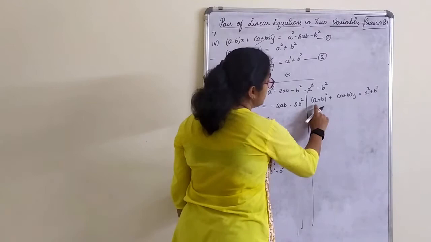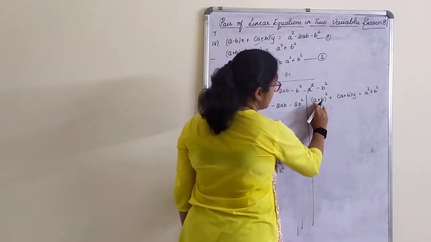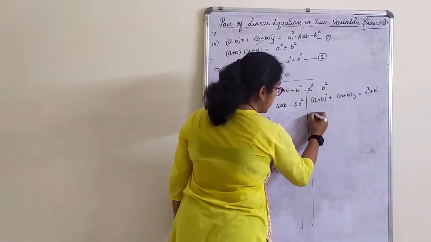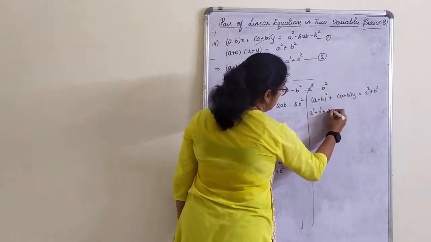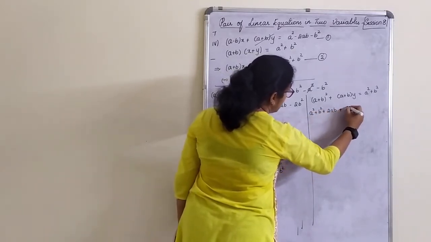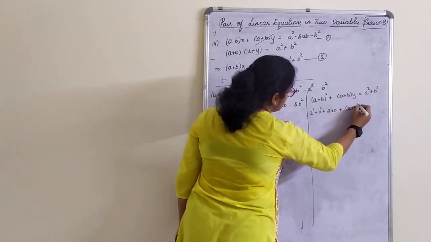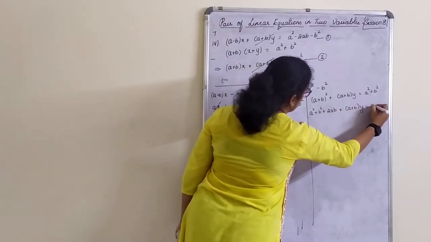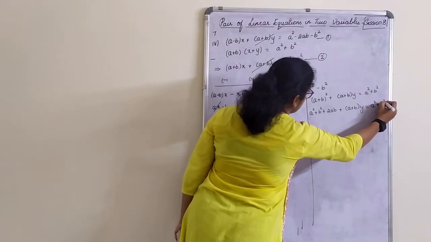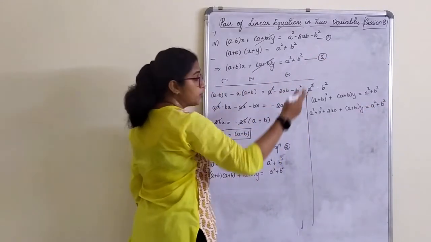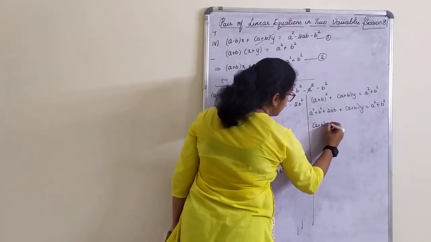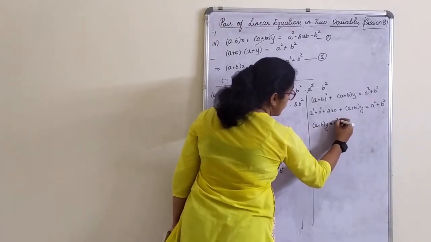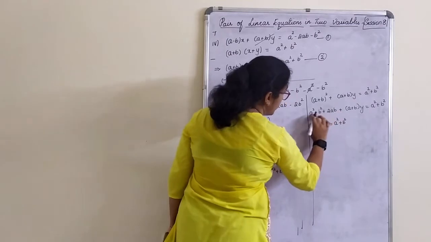Now what we will do here is we will transpose it, or we will first simplify. A square plus b square plus 2ab plus (a plus b) of y is equal to a square plus b square. Now we have to transpose it completely to that side. (a plus b) of y here only is equal to a square plus b square.